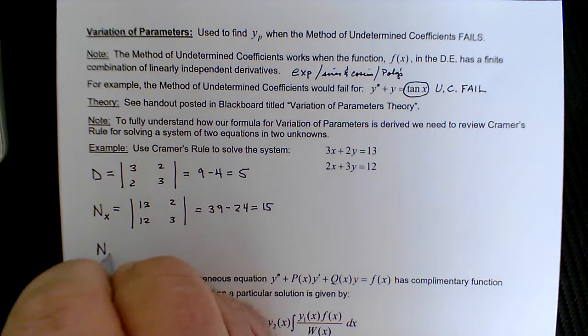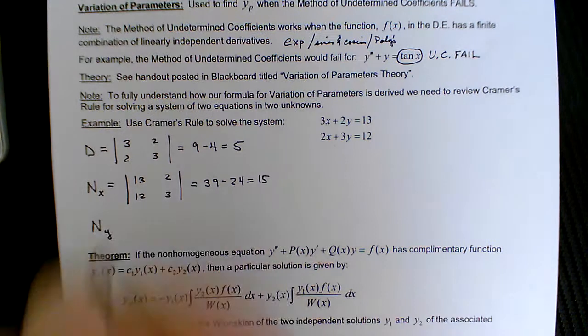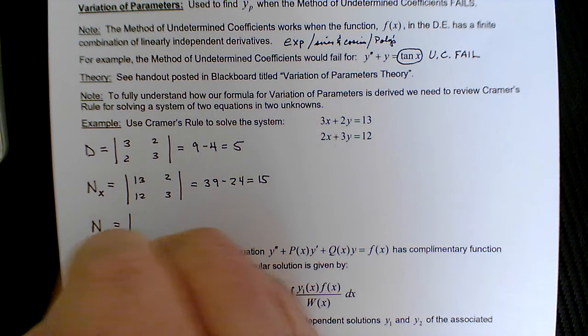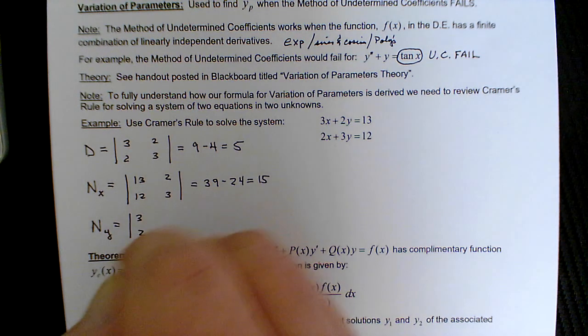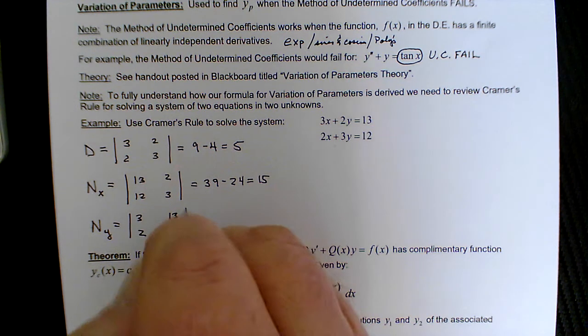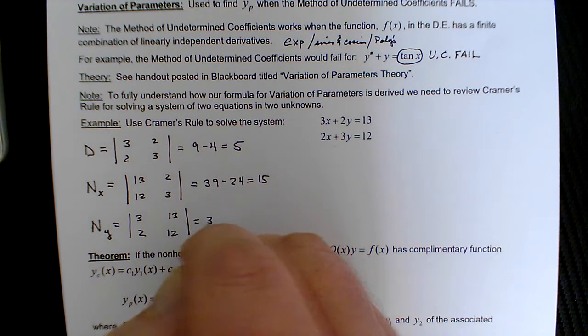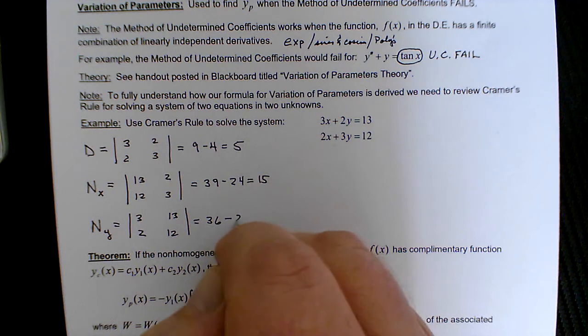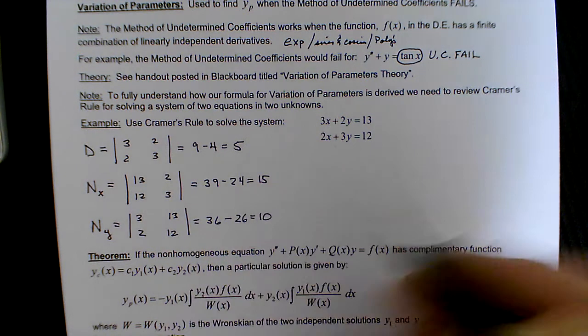And let's do the same thing for what I'm going to call n sub y. But now we're going to keep the x's, 3 and 2, and replace the y's by the 13 and the 12. And that gives us 36 minus 26, or 10.